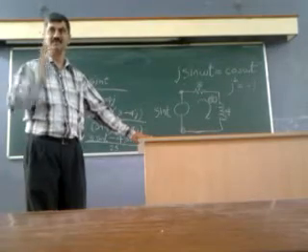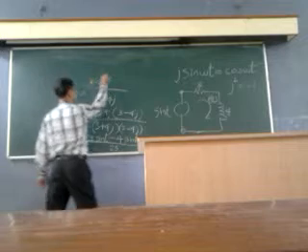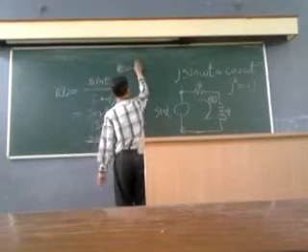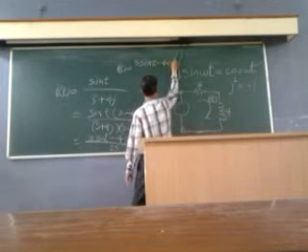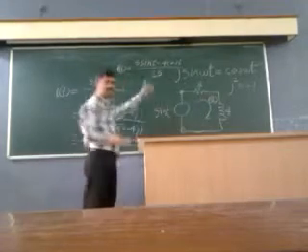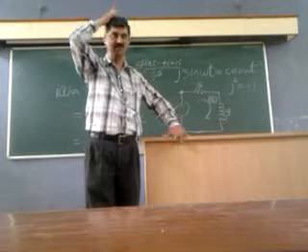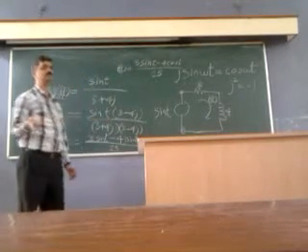So j sin t is cos t. So the answer is IT is equal to 3 sin t minus 4 cos t upon 25. This you can represent in an alternative form. What is that form?